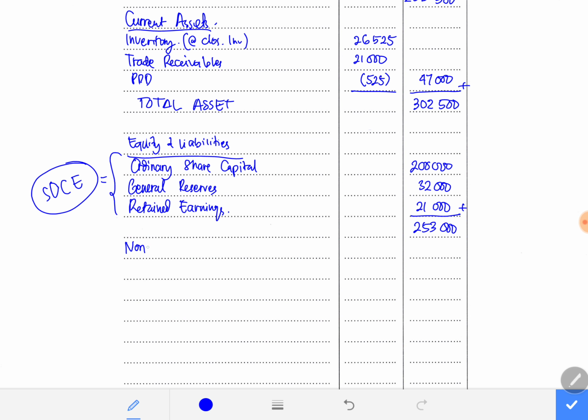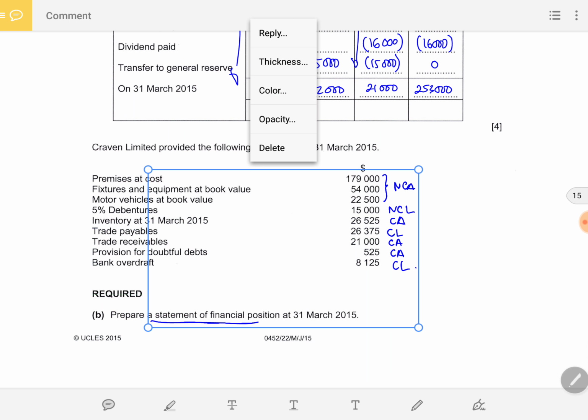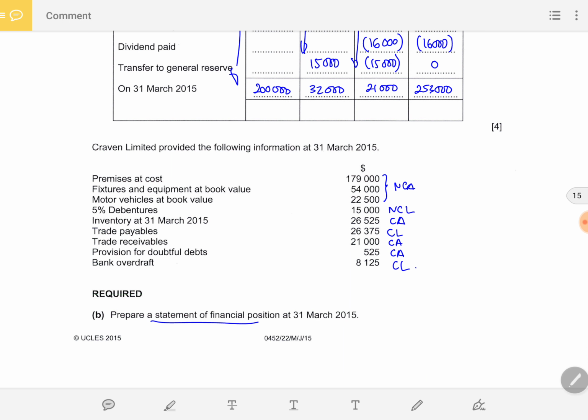First of all, we put non-current liabilities. In non-current liabilities, you have debentures, and in current liabilities, you have trade payables and bank overdraft.